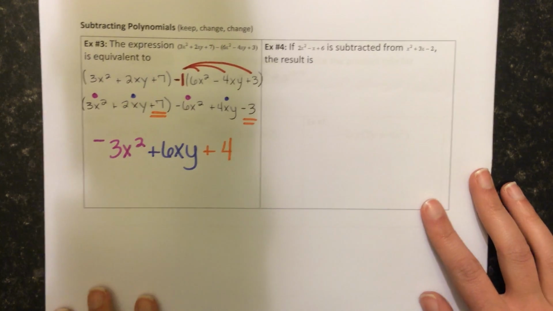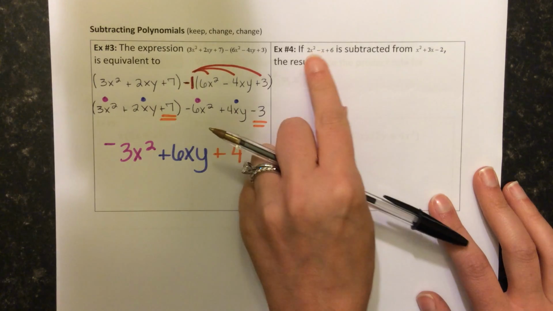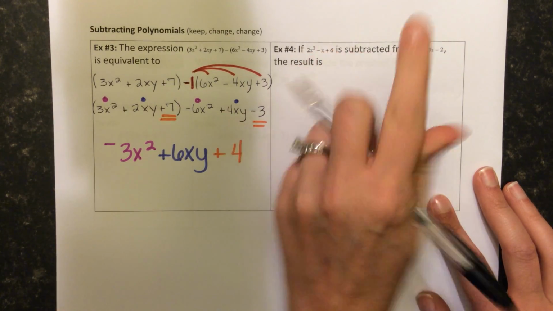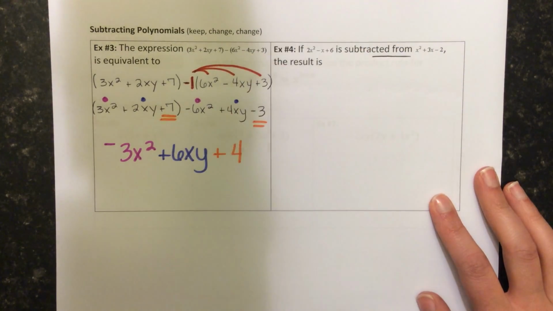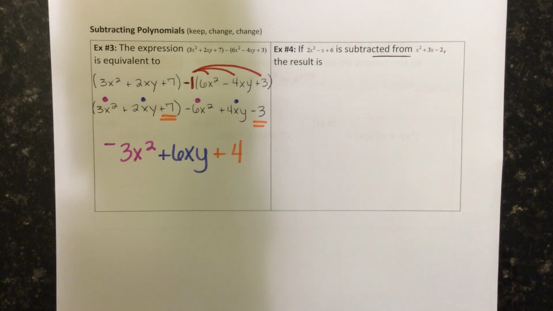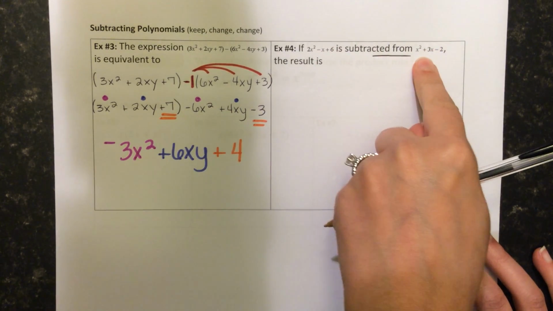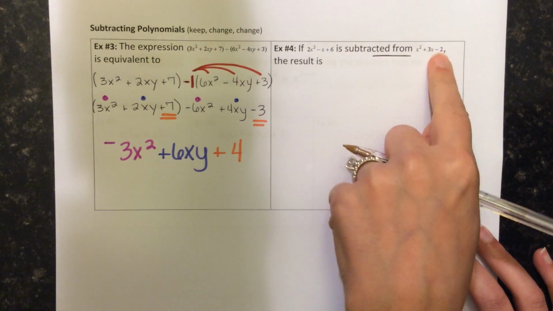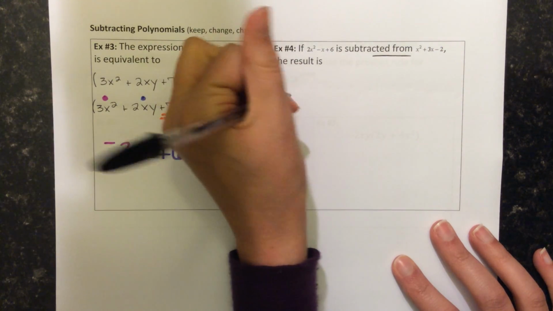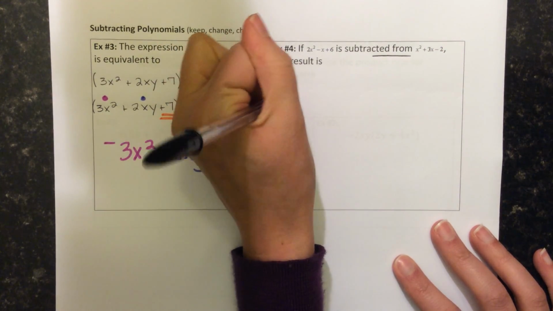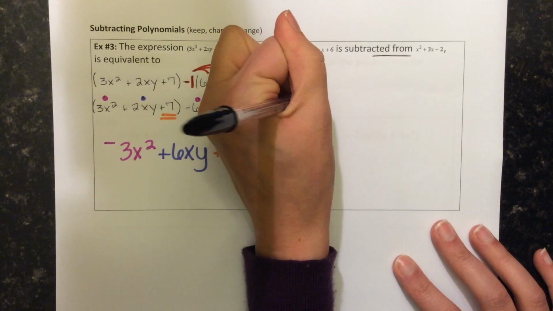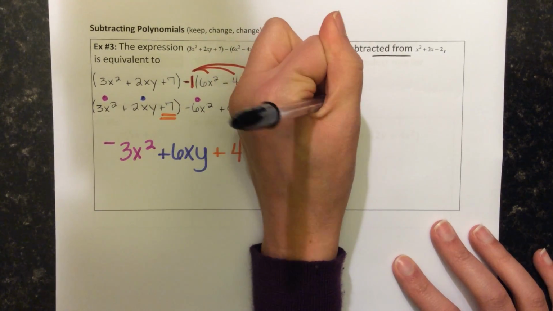Order matters, okay? So this is very common. So this says if this polynomial is subtracted from, okay? When you see that, we're trying to take this away from this polynomial. So I'm going to write this polynomial first, okay? And that's really, really important because order matters.